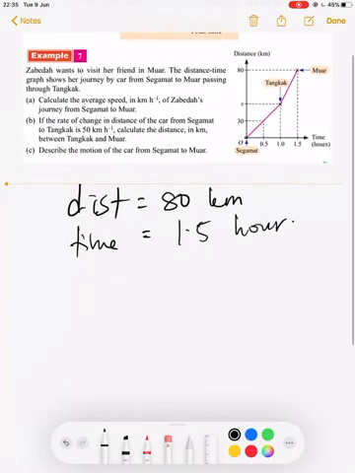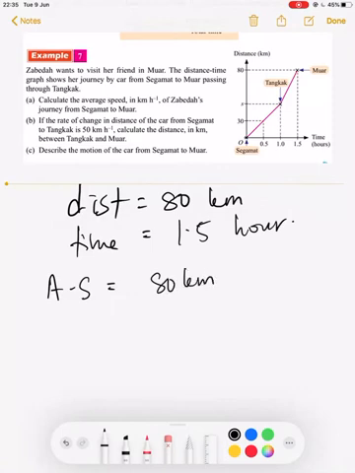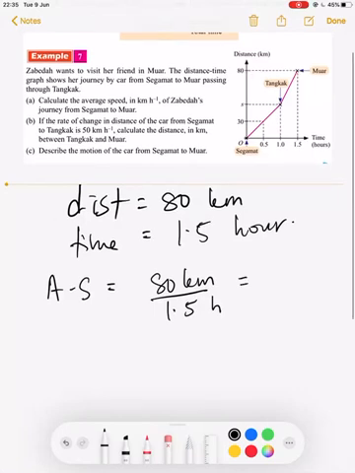So the average speed equals 80 kilometer divided by 1.5 hour. Mind the unit, class. Since the question asks for the unit in kilometer per hour, we can just directly take the units from the graph. So it equals 53 1/3 kilometer per hour.